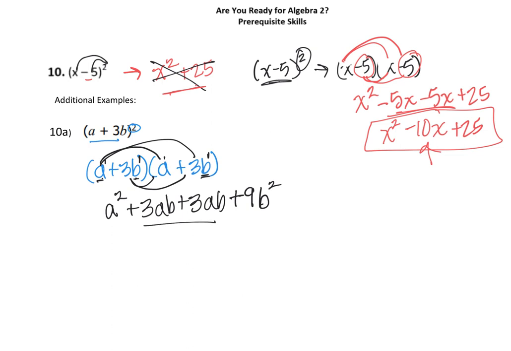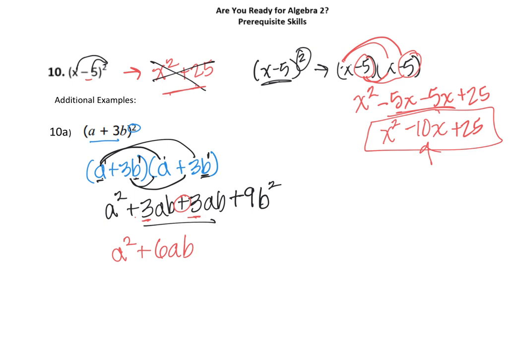Again, because I FOILed, my inside two terms should be like terms. So I bring down my a squared, 3ab plus another 3ab. Remember, when we combine like terms, when it switches to addition or subtraction between terms with the same variables, we only add the coefficients. 3 plus 3 is a positive 6. Addition and subtraction cannot change our exponents.